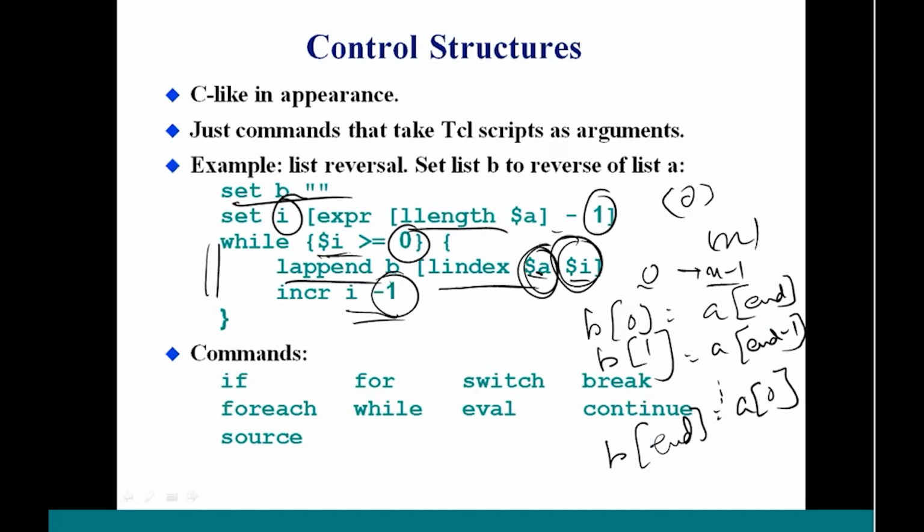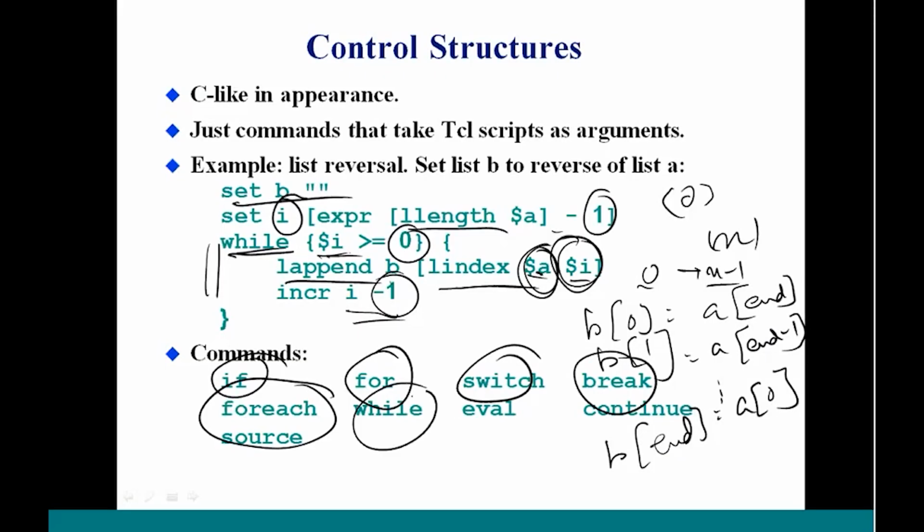So it's a good program to do the reversal of a list. You can see that there is a control structure here, which is a while. The control structure commands are essentially if, for, switch, break, foreach, while, eval, continue, and source.